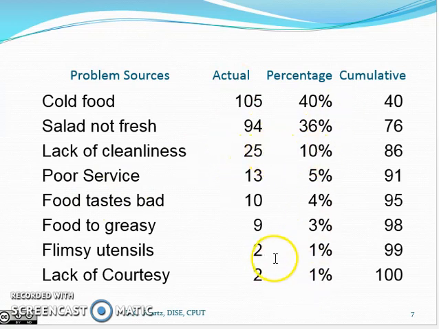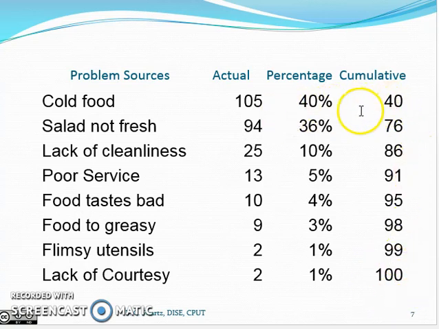And ultimately, I then work out another column, which is the cumulative percent. The cumulative percent means adding them all together to give me a cumulative total of 100%. If I add all the problems up, it would be 260 problems, and in total that would be 100%.